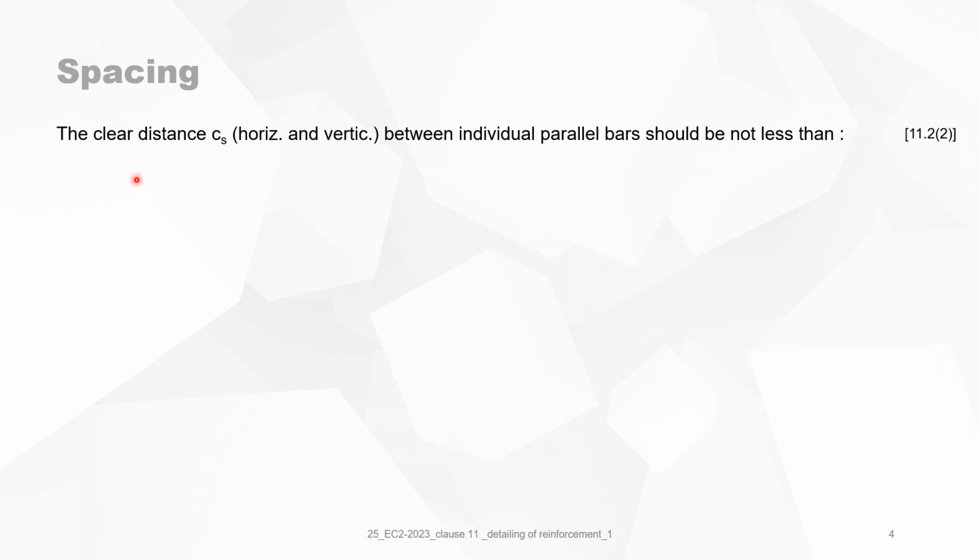The clear distance, cs, horizontal and vertical, between individual parallel bars should be not less than the value given in this formula. With cs, it's the clear distance horizontal and vertical, and the clear distance must be bigger than the maximum of the used diameter, D upper plus 5.